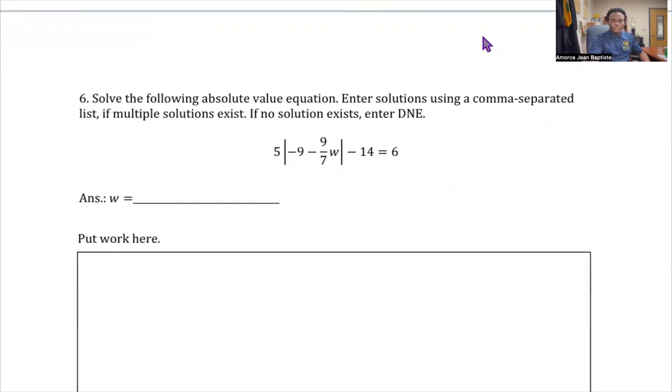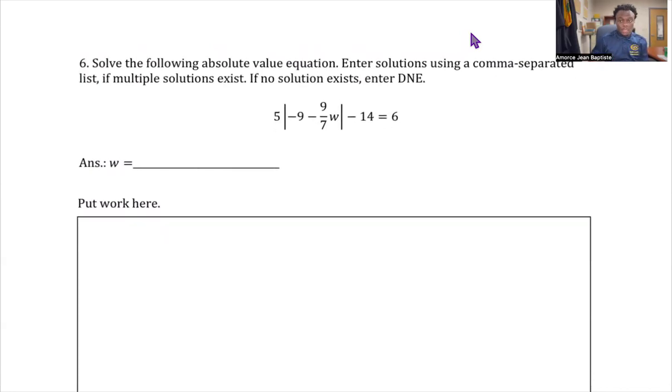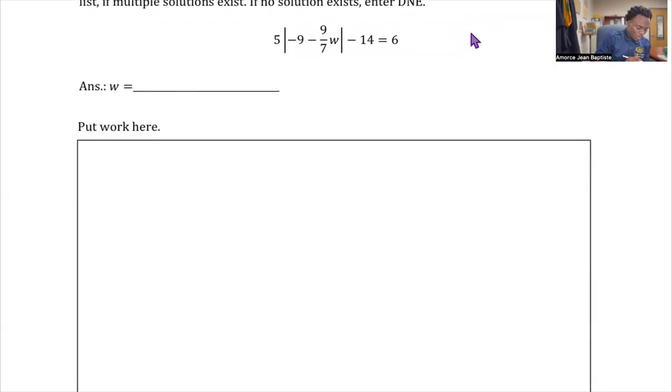So next example. The same process, we'll isolate the absolute value and then create the two cases, solve them each, and then check. Basically what we do here, we will add 14 on both sides first.